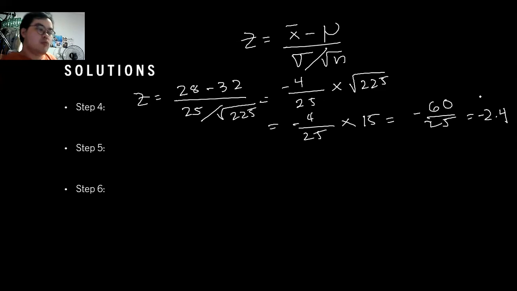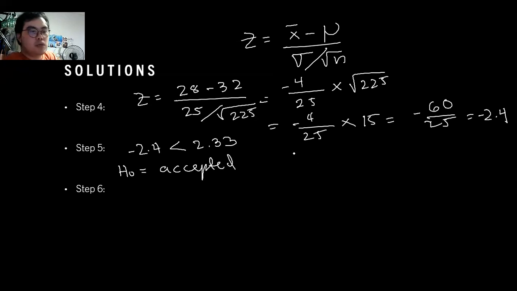Okay, so we're going to decide if we're going to accept or not. Negative 2.4 is less than 2.33. This means that the H0 is accepted. The null hypothesis has been accepted because, based on this curve, negative 2.4 is outside the rejection region.